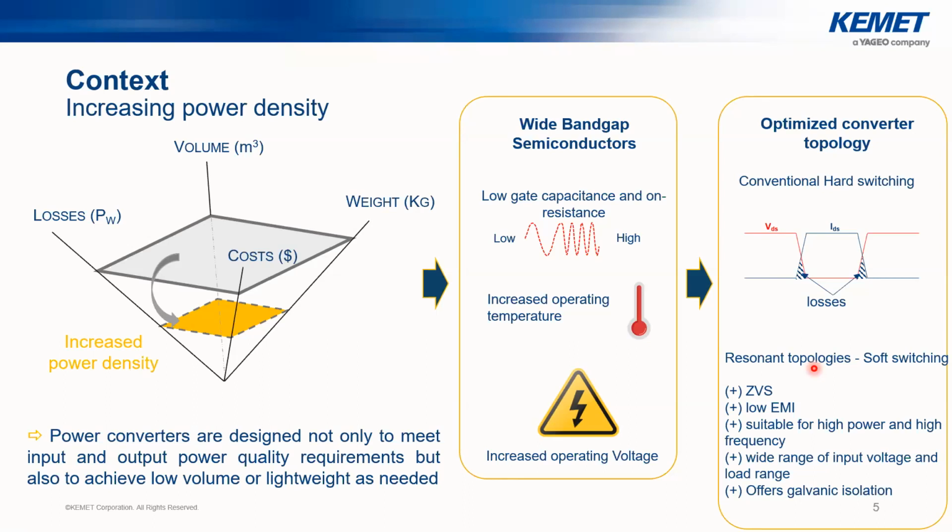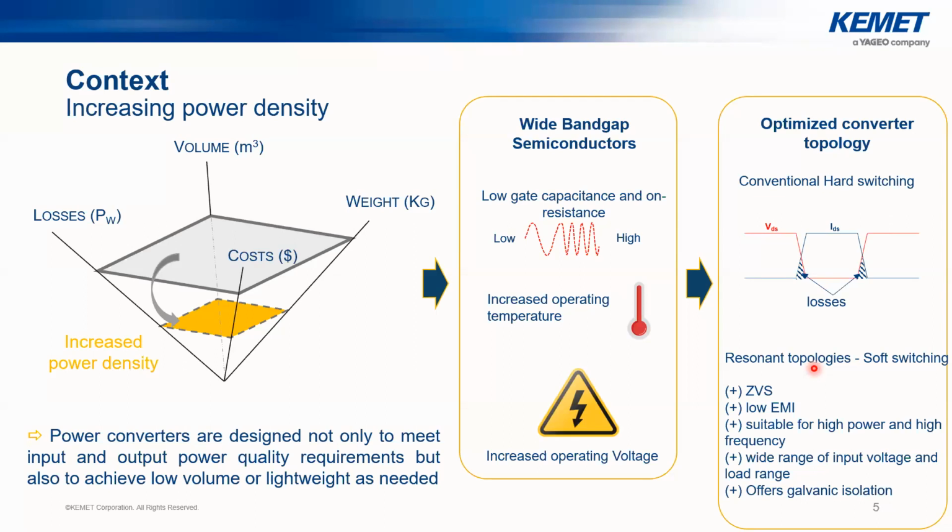This kind of topology, of course, depends on the topology of the resonant circuits. We will have a wide range of input voltage and load range, which will cover the fluctuation of the input voltage and the load, and can be controlled to give a very stable output voltage.